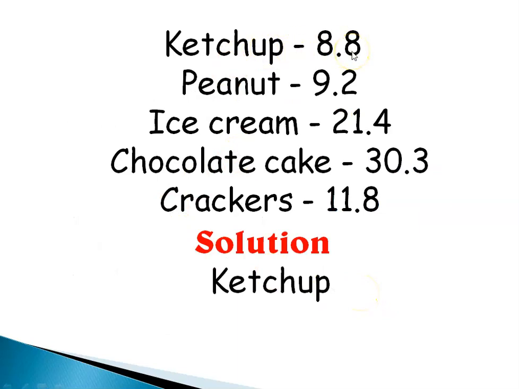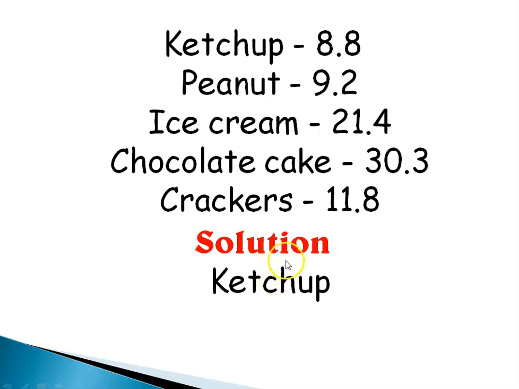Ketchup has 8.8%, peanut butter has 9.2%, ice cream has 21.4%, chocolate cake has 30.3%, and 11.8% for crackers. Now if you look at all of this, this is the lowest. Ketchup has the lowest percentage of sugar, so that is going to be the answer.